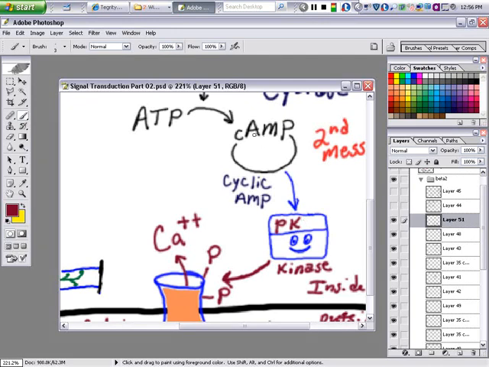And since it's activated by cyclic AMP, they decided to call this protein kinase A. So this protein is protein kinase A. A protein kinase because it phosphorylates a protein, A because it is activated by cyclic AMP. Now later on, when we look at other signal transduction cascades, we'll talk about protein kinase G. What do you think activates protein kinase G?